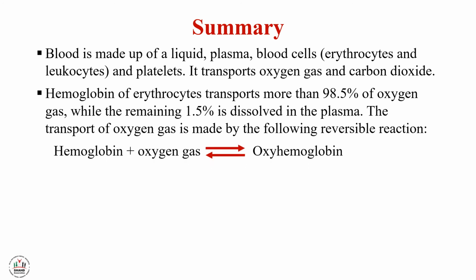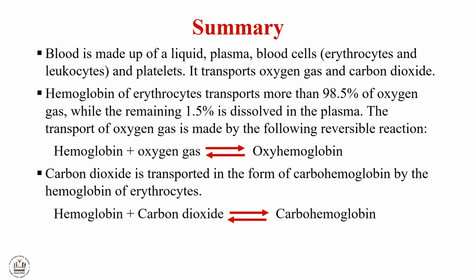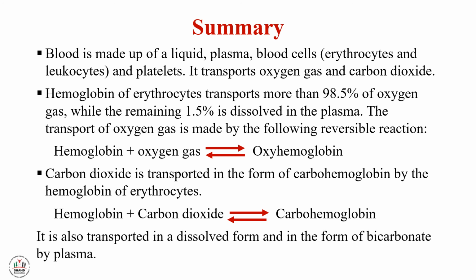Hemoglobin plus oxygen gas forms oxyhemoglobin. Carbon dioxide is transported in the form of carbohemoglobin by the hemoglobin of erythrocytes. Hemoglobin plus carbon dioxide forms carbohemoglobin. It is also transported in a dissolved form and in the form of bicarbonate by plasma.